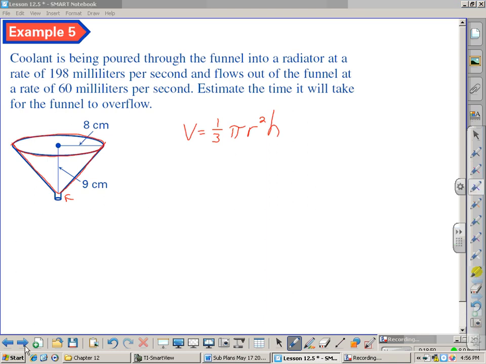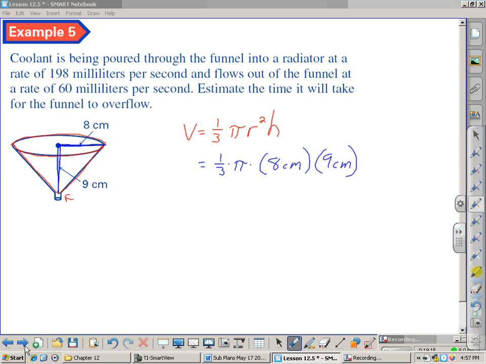So what we get then is 1/3 times pi. We'll use 3.14, or the pi in our calculator as an approximation, times the radius, which if you look here, the radius is from the center of the circle to a point on it, so that's 8 centimeters, times the height, which is up and down here, 9 centimeters.